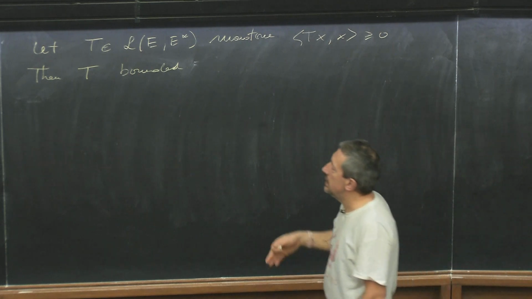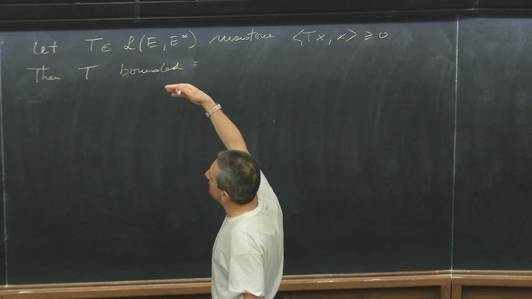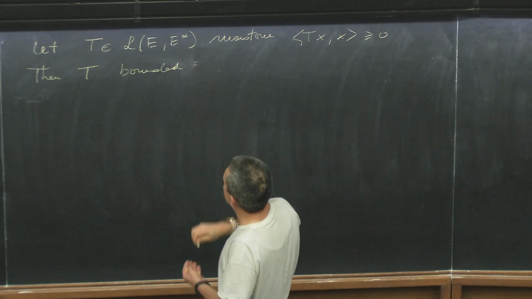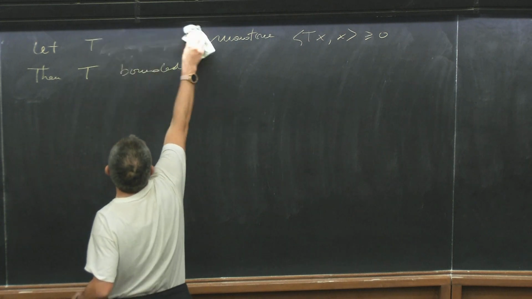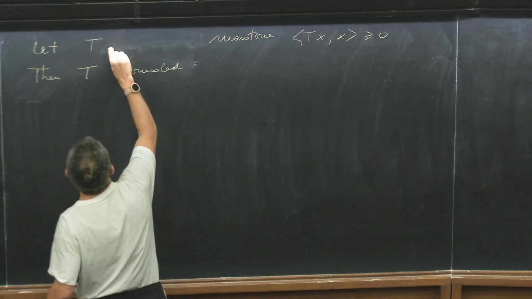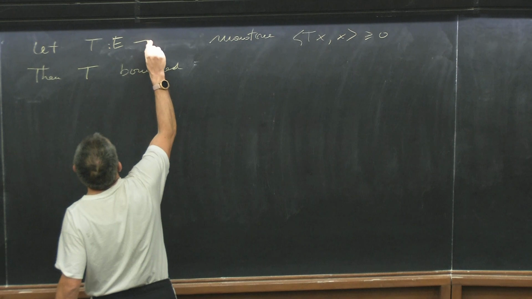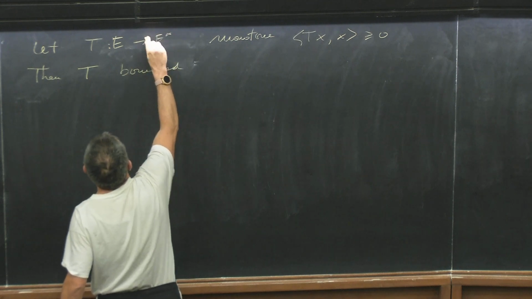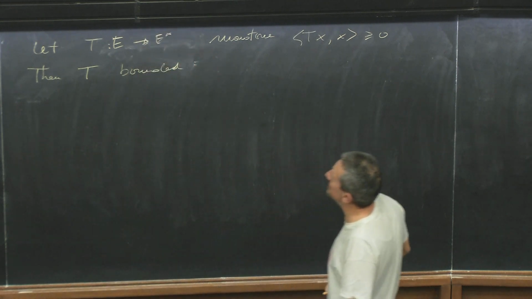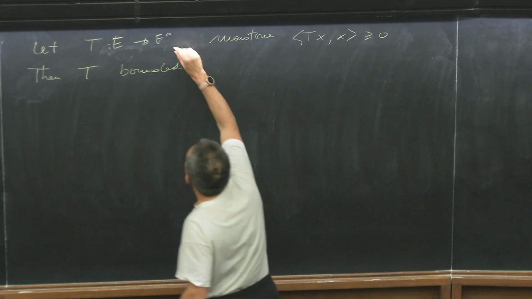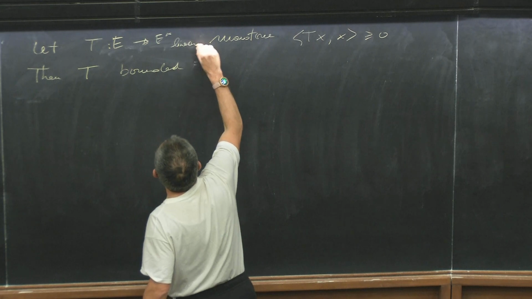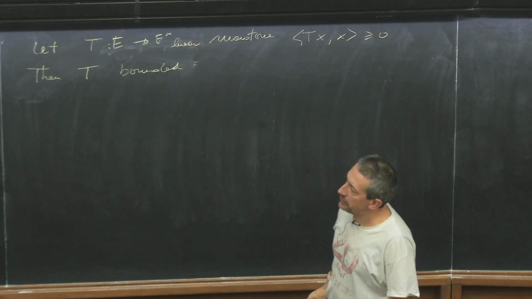Here I forgot, the mapping in the hypothesis is from E to E star. So we know it is just linear. Then it is bounded.